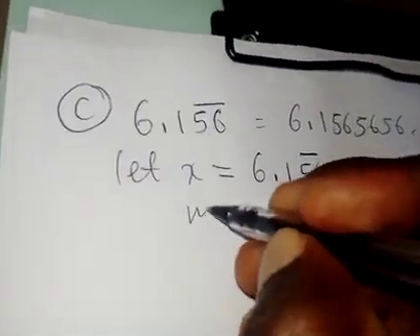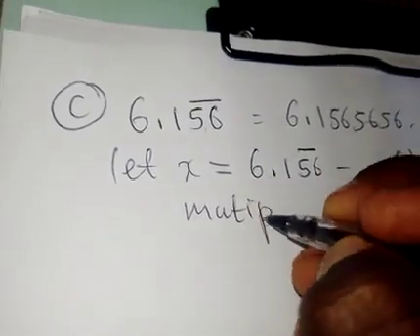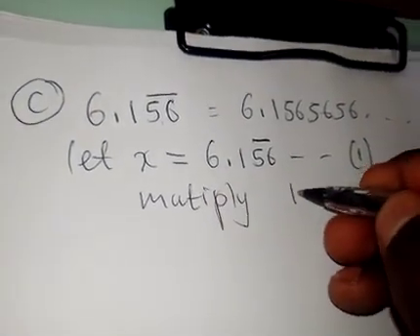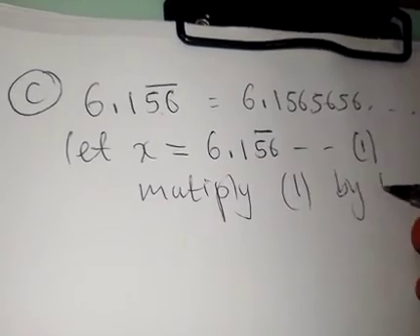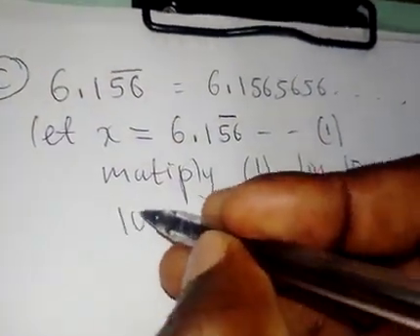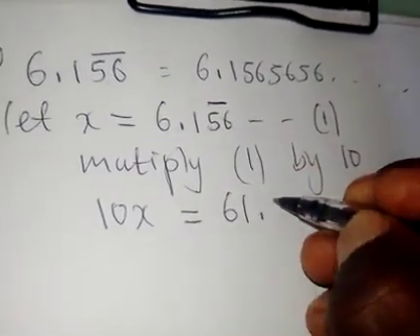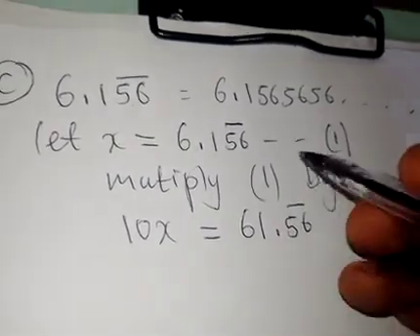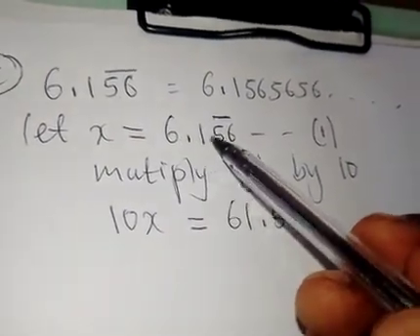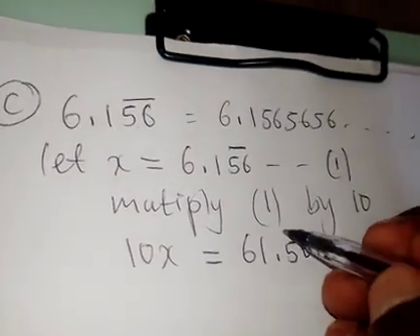So multiply equation 1 by 10. So this will be 10x being equal to 61.56, and the decimal point has moved one step. That's the first thing.